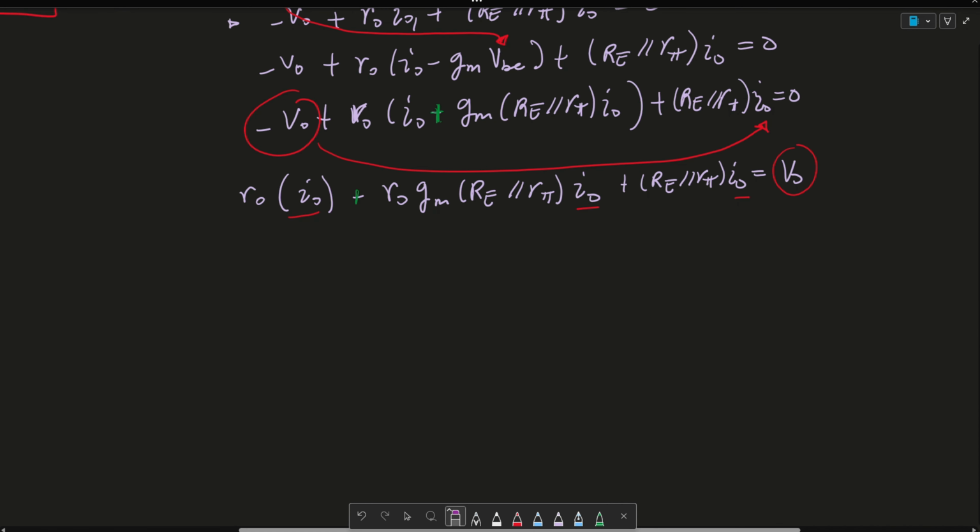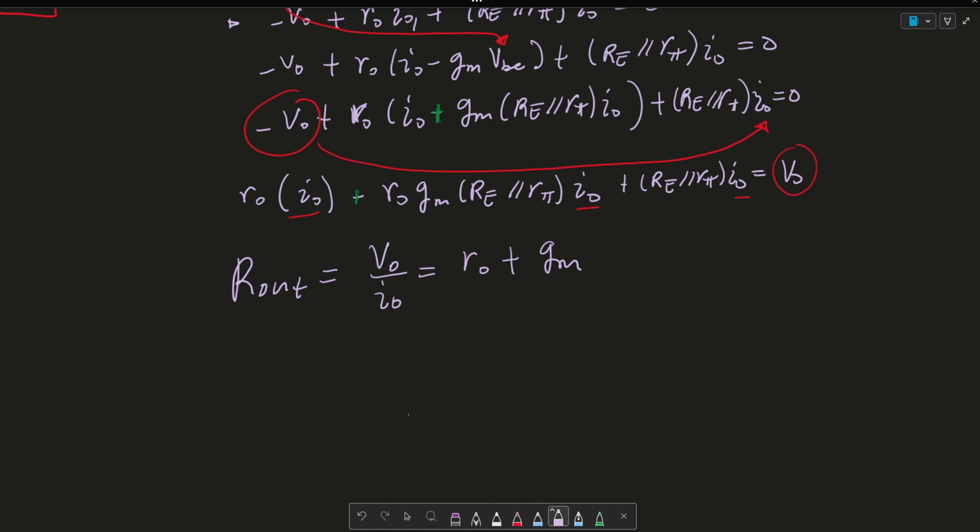We can then say that R out is equal to V out over IO, which is then equal to RO plus GM RE parallel with R pi RO plus RE parallel with R pi.